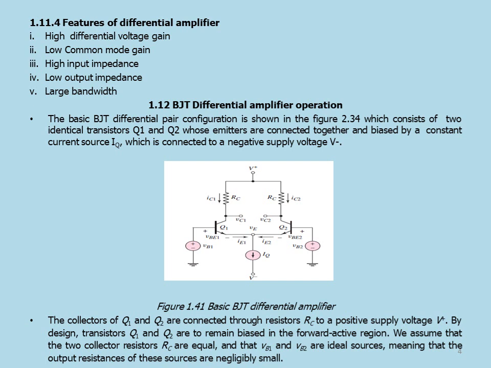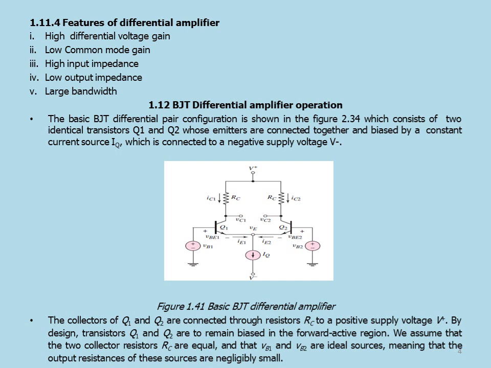If we look at the differential amplifier features, the first feature is that it has high differential voltage gain, that means A suffix D is very high, and it has low common mode gain.